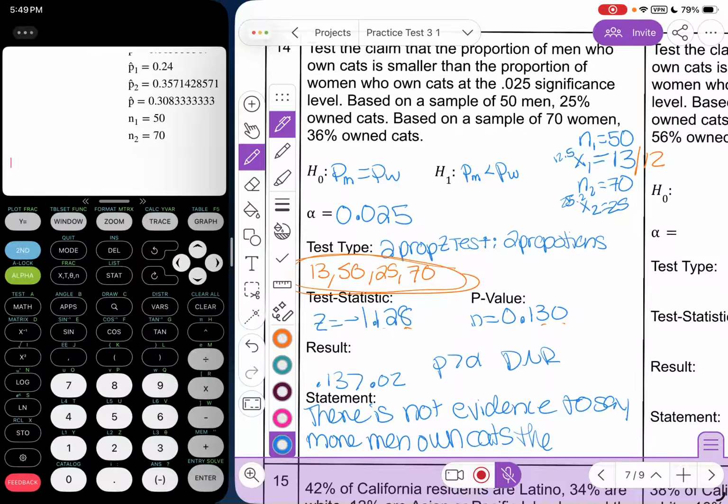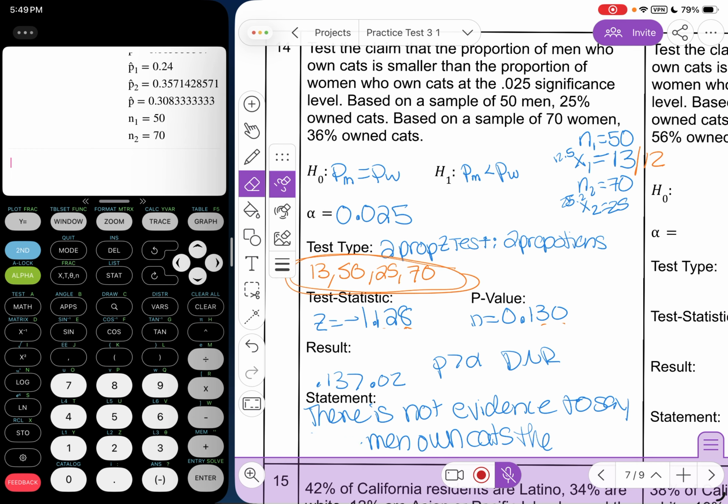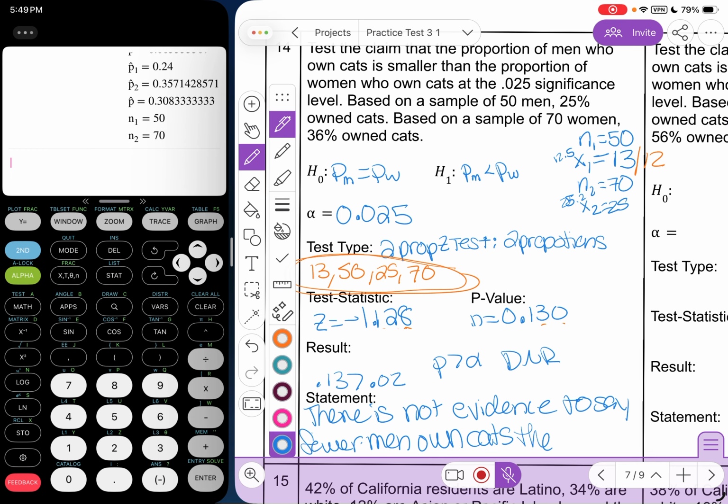Nope, less. Wait. Yes, fewer men. Got to read the question right. Fewer men own cats than women.